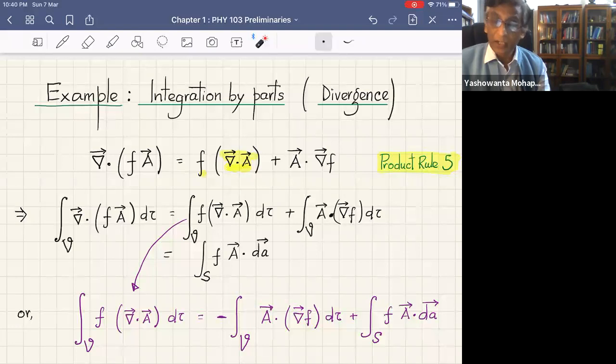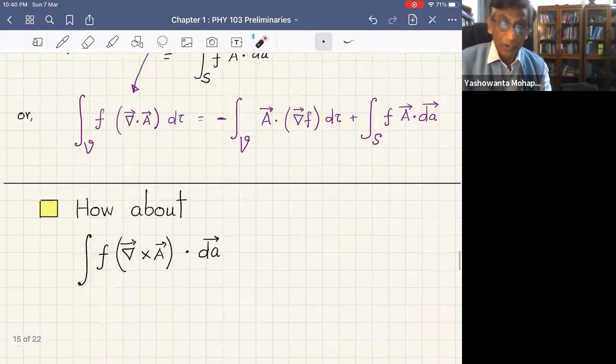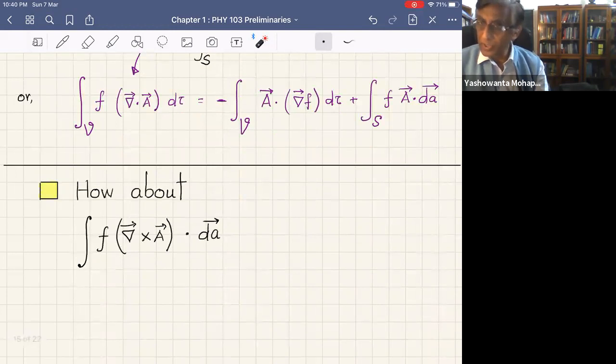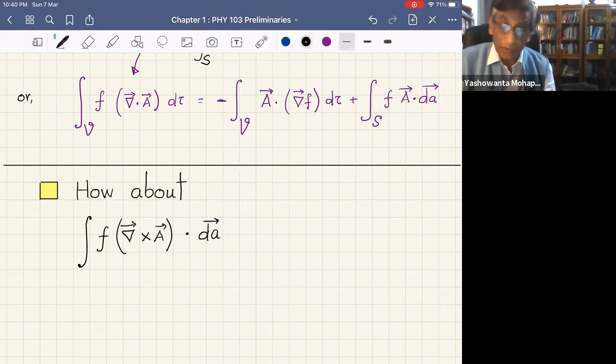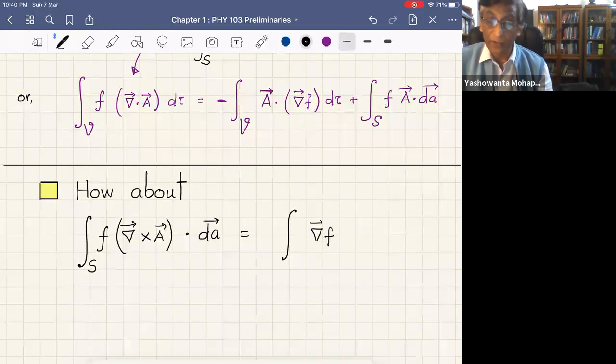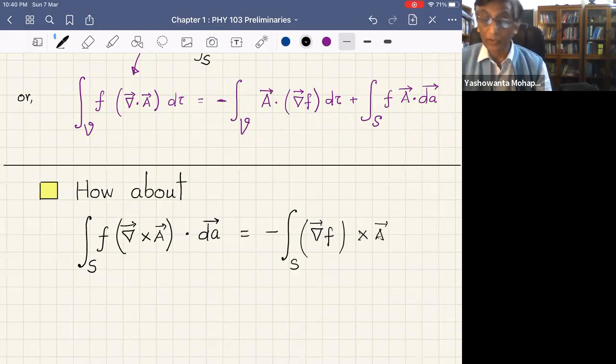Let me take another example. How about this? f del cross a. Let's work that out. This is of course a surface integral. The differential will get transferred to del f cross a, and I'll pick up a minus sign. This is also a surface integral.